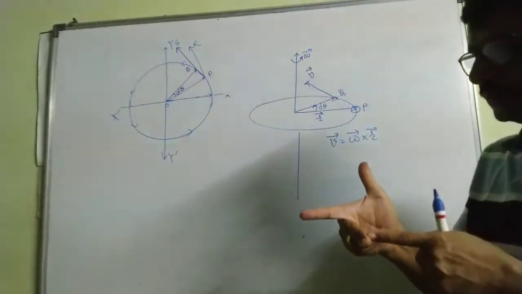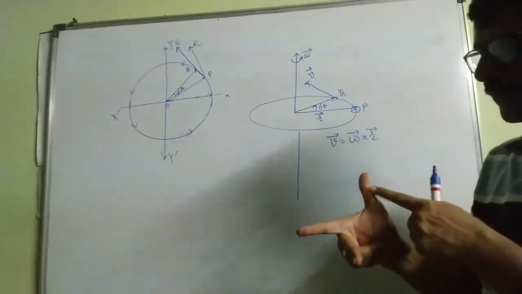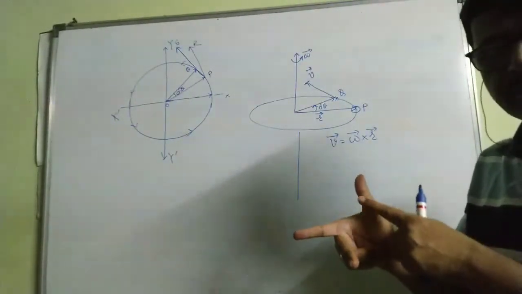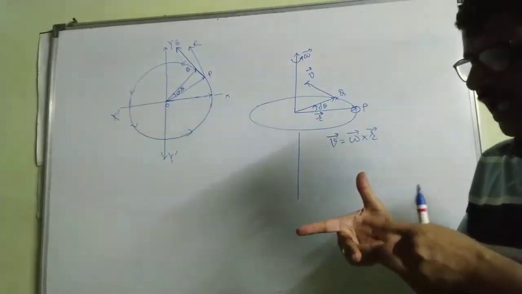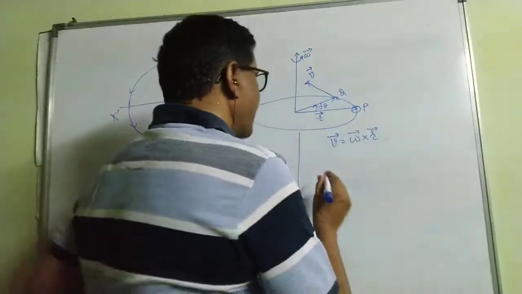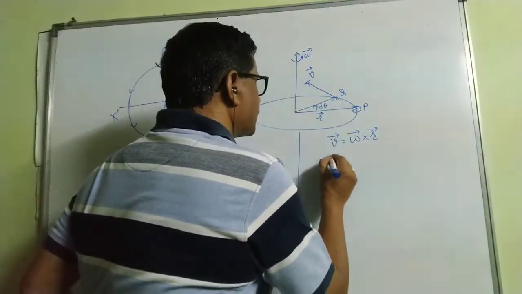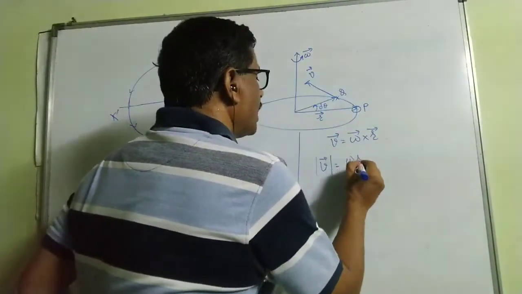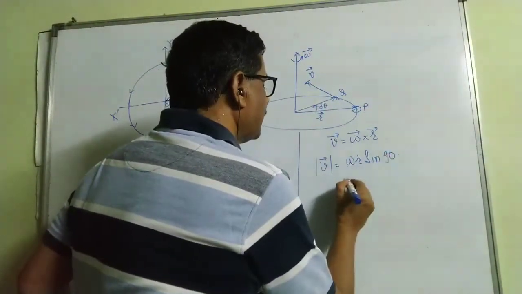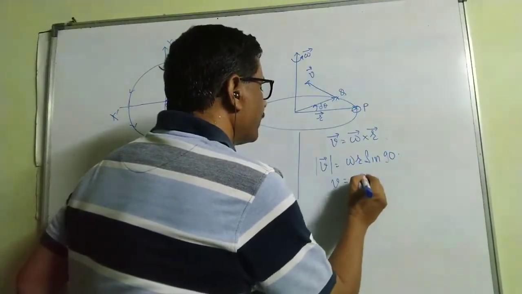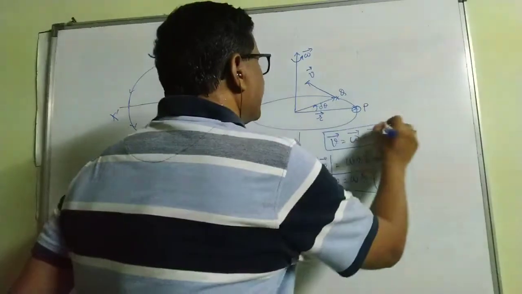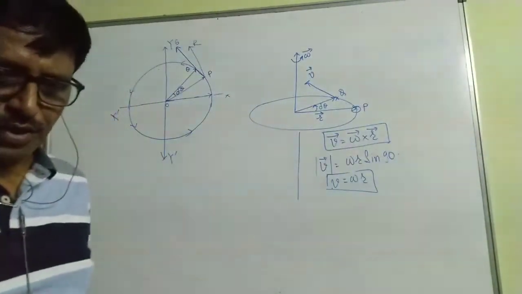This is R, this is omega. All three are perpendicular to each other. The angle between R and omega is 90. Therefore, the magnitude of linear velocity is omega into R into sine of the angle between R and omega, 90. Therefore, V is equal to omega R. This is the relation in magnitude between linear velocity and angular velocity.